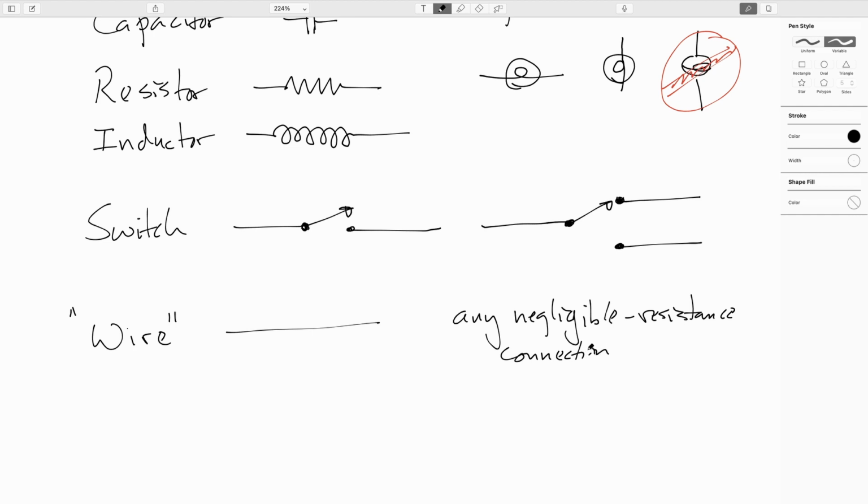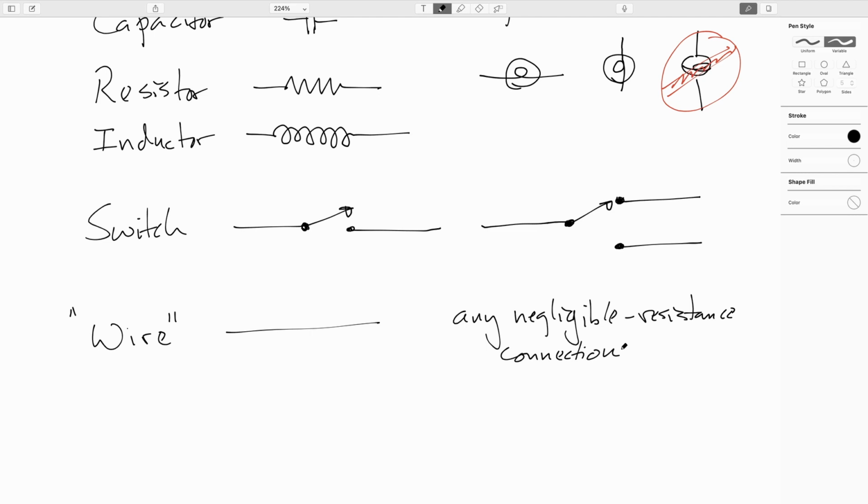So for instance, a typical chunk of wire in a typical device might be on the order of 1/10 of an ohm. Compared to other things in the circuit, that's usually pretty negligible.